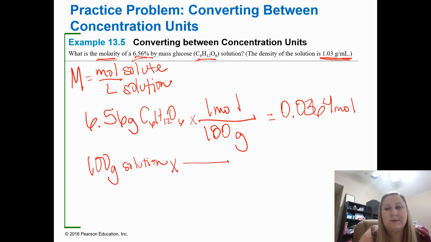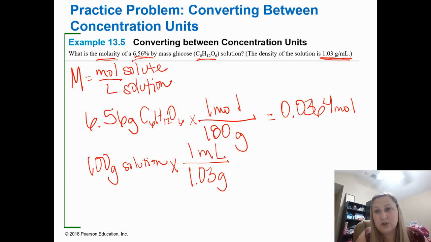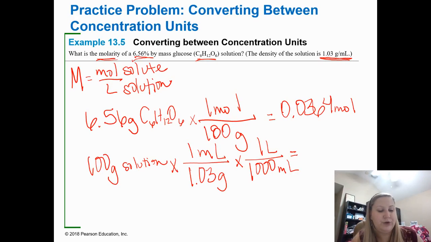To get grams to liters, I have to use the density. So the number always goes with the first unit if there's a slash, so per. Don't forget, you don't want milliliters, you want liters.